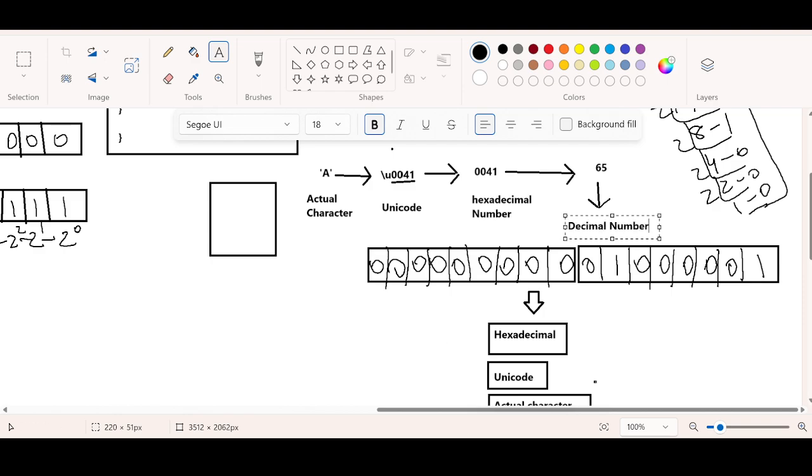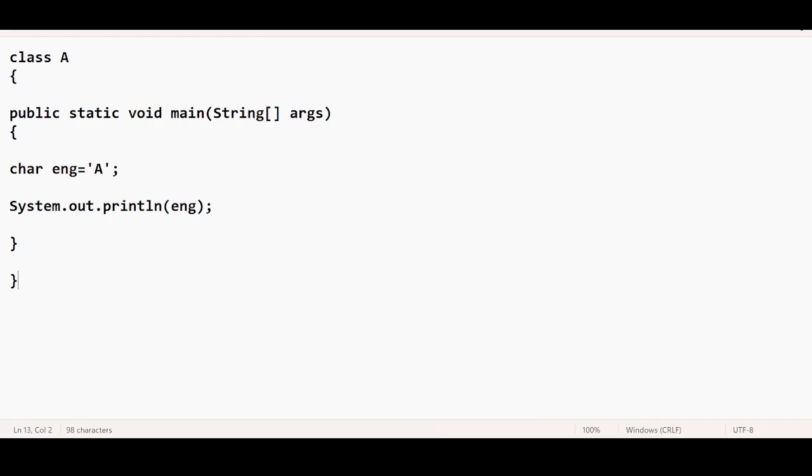Now if I go back, I can store A directly. I can place a letter directly. If I place a letter directly, the letter will be converted to Unicode, followed by the hexadecimal number extracted from the Unicode, then converted to the decimal number system, then binary.